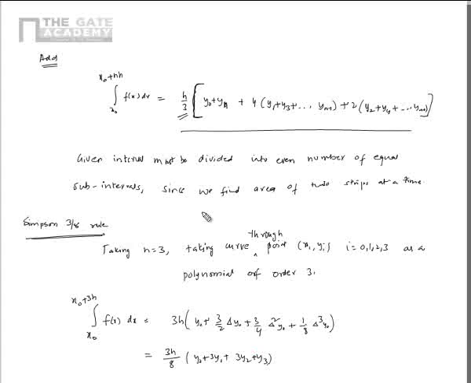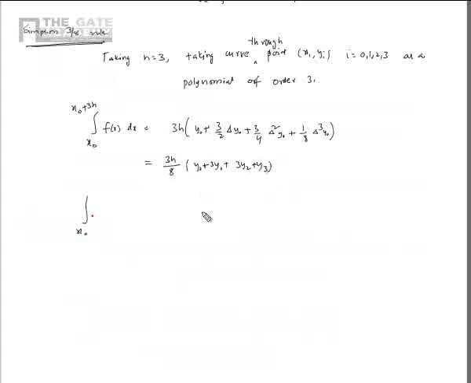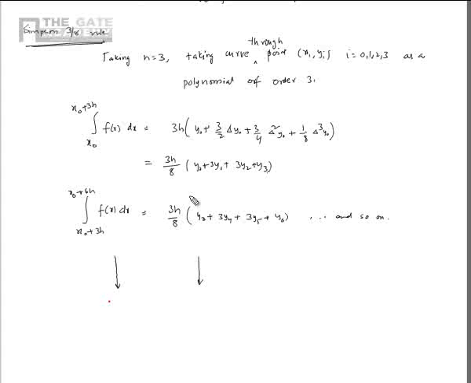So this is for the first interval. Similarly, for x0 plus 3h to x0 plus 6h, the integral of f(x) dx will be 3h by 8 times y3 plus 3y4 plus 3y5 plus y6, and so on. You just proceed in the same way.